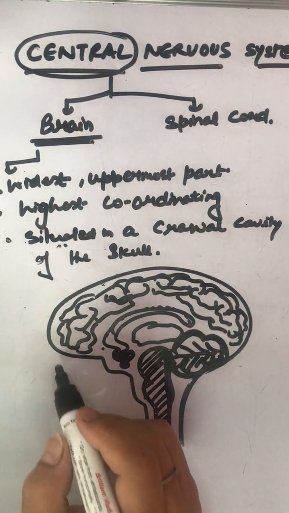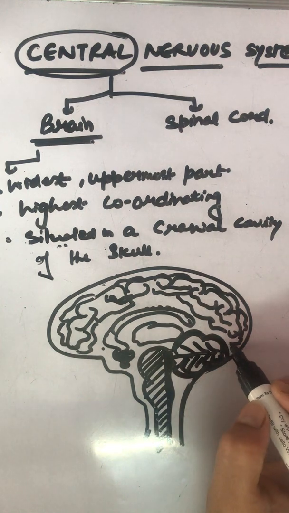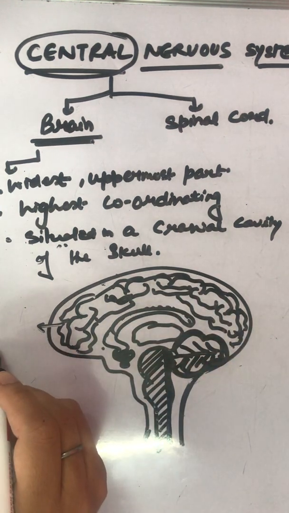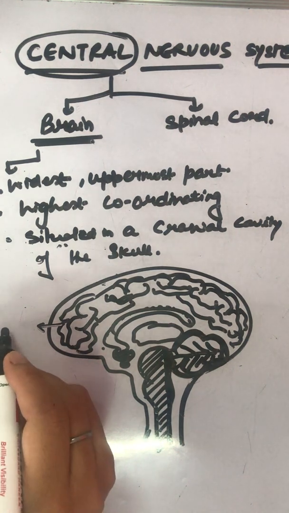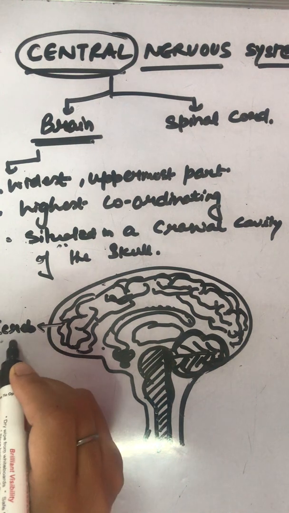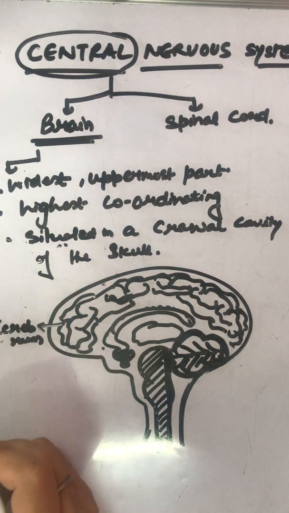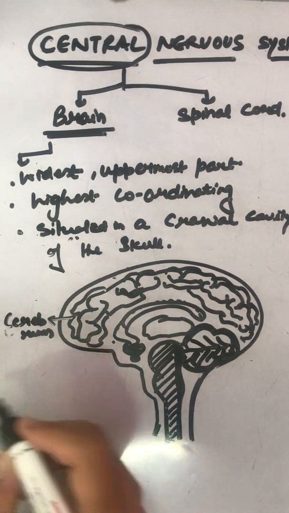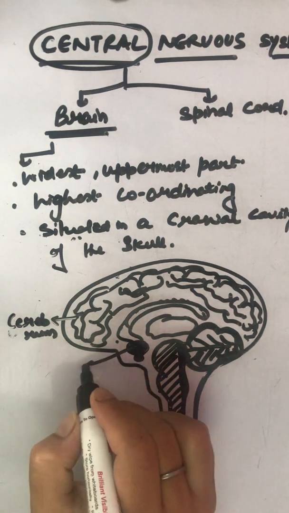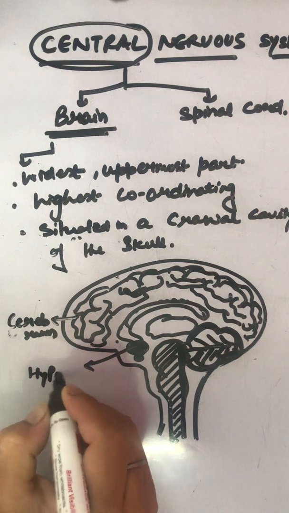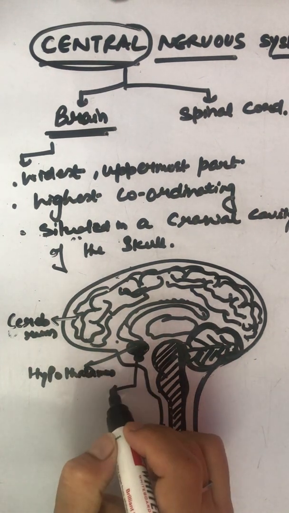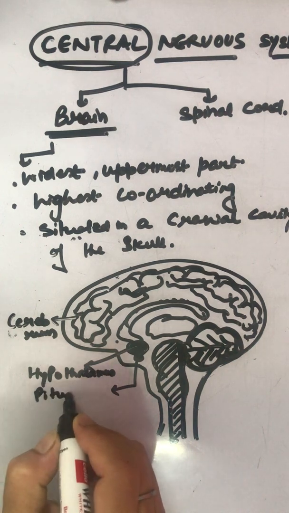This entire section is the cerebrum, the cerebrum region of the forebrain. First one is cerebrum. Then this one that I have darkened a bit is the hypothalamus. This one is the pituitary gland.